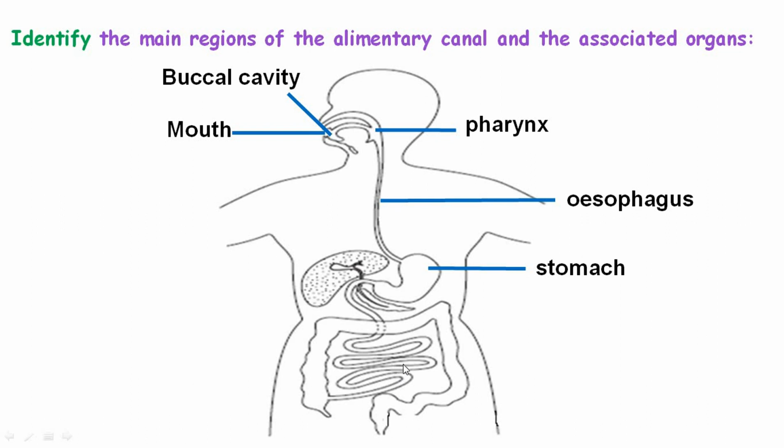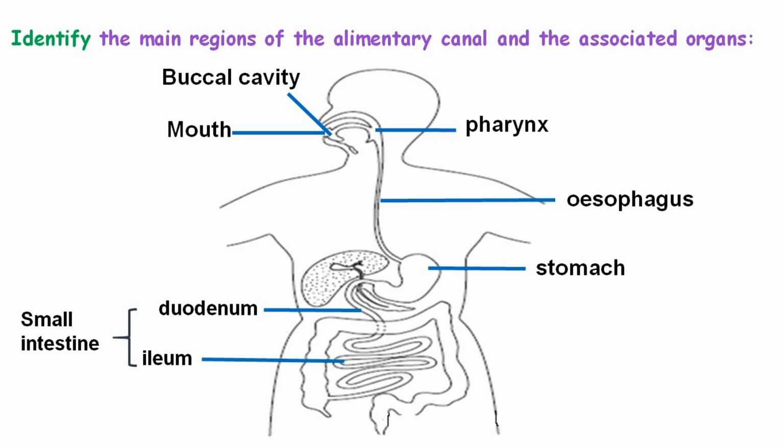This thin, long tube in the abdomen is known as the small intestine, which comprises the duodenum, which is the first part of the small intestine, and the ileum, which is the final and longest segment of the small intestine. Both the duodenum and the ileum make up the small intestine.